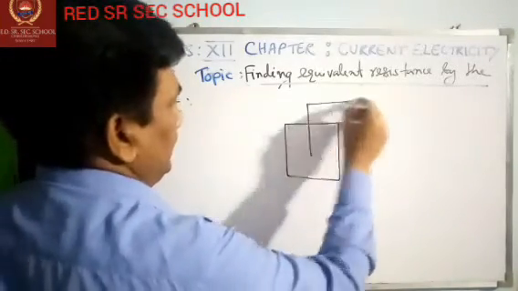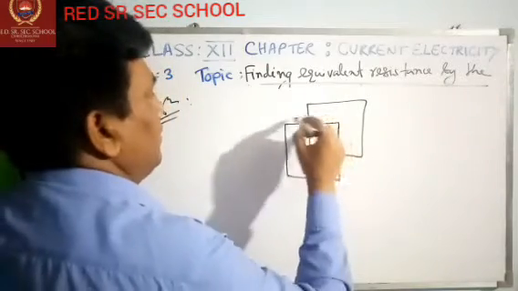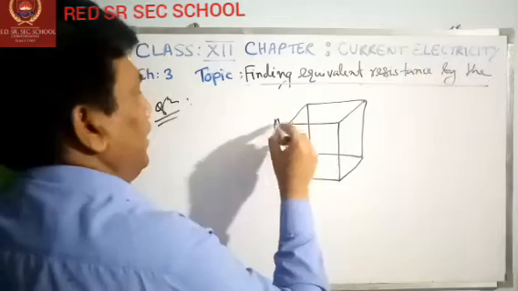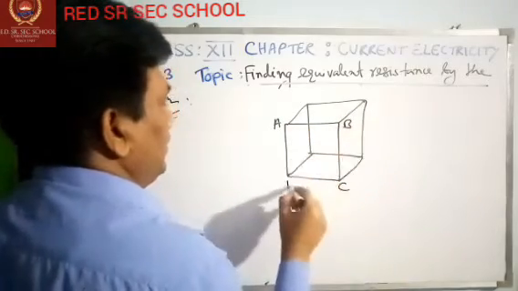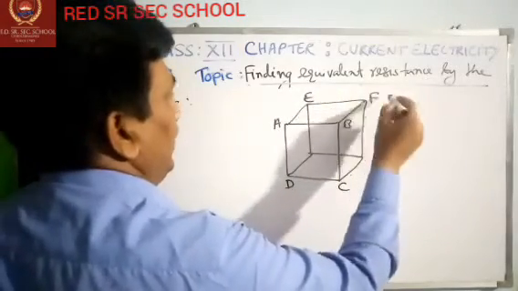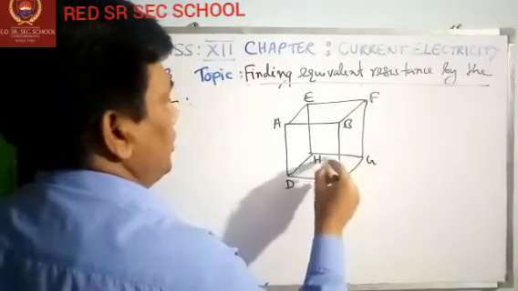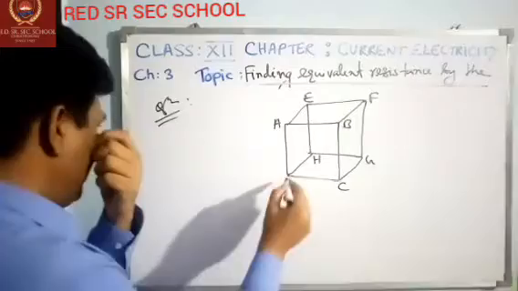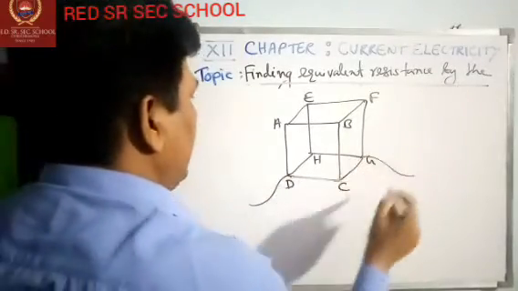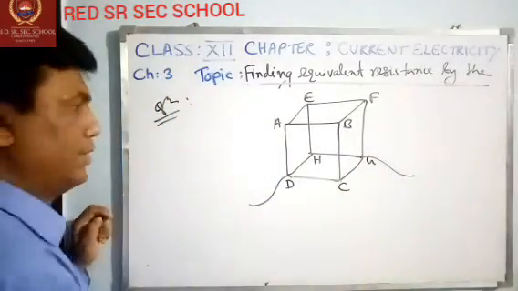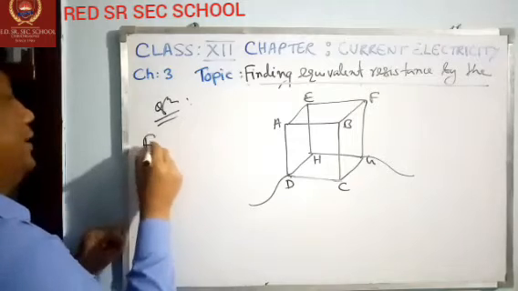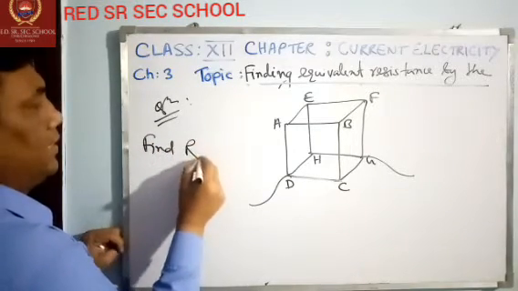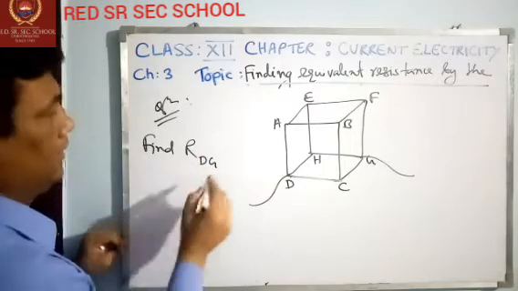Okay, all branches have resistance R, A, B, C, D, E, F, G, H. Okay, I have found the resistance between D and C, equivalent resistance. Now you find out the resistance between D and Z using that plane symmetry. Okay, find resistance about D and Z.